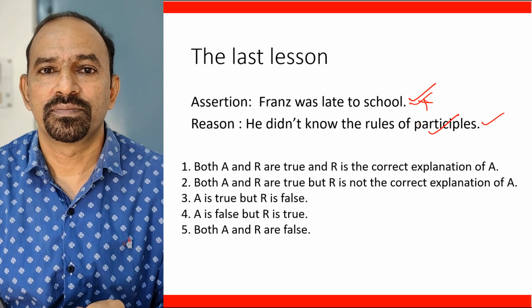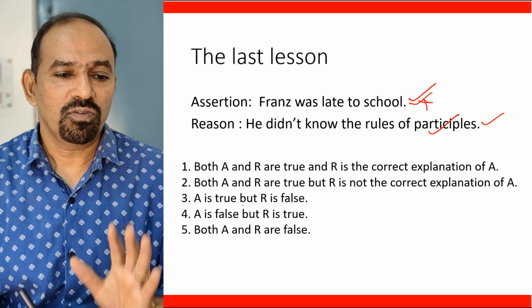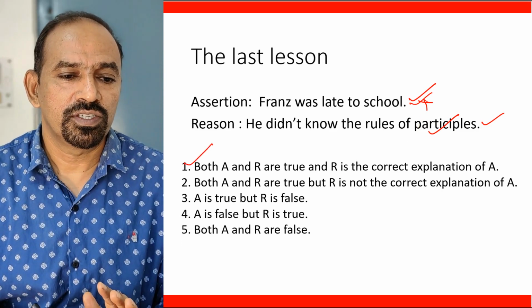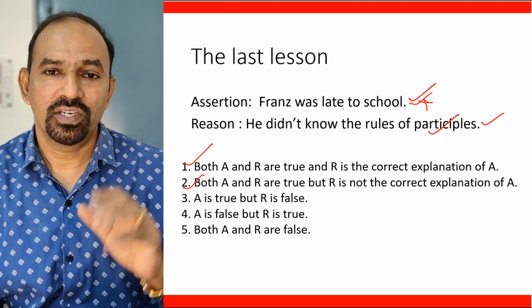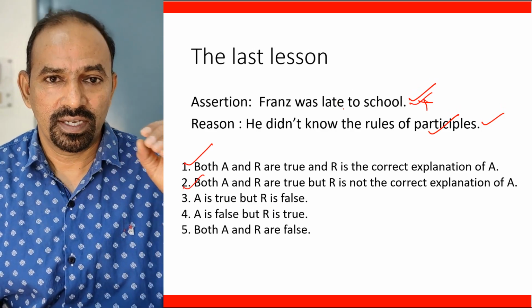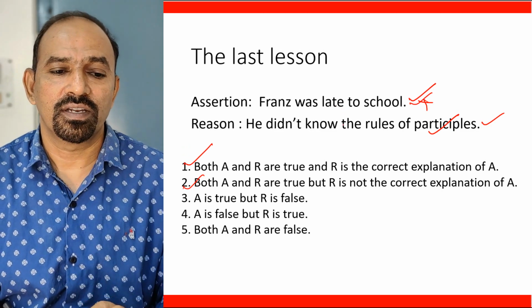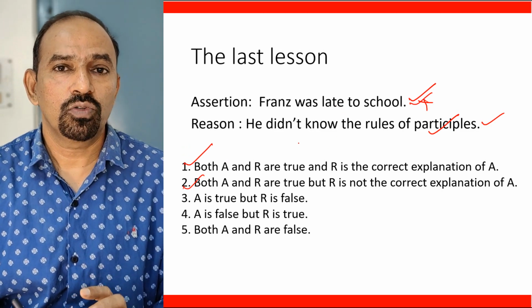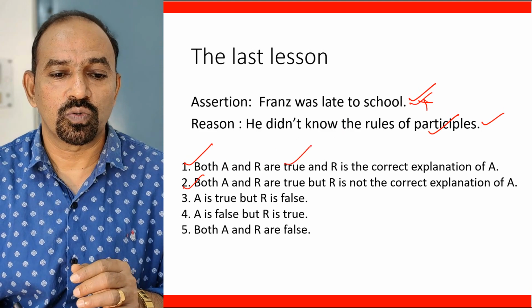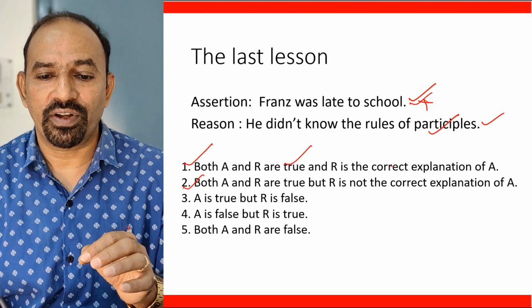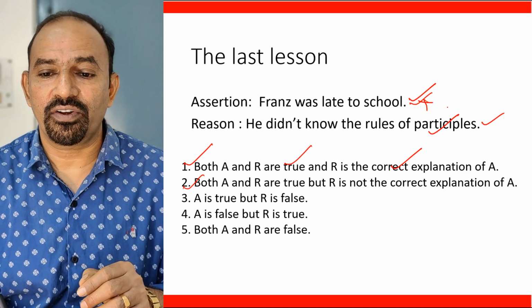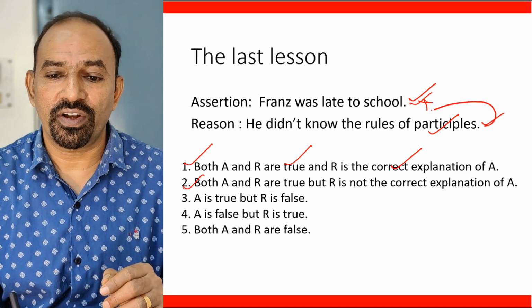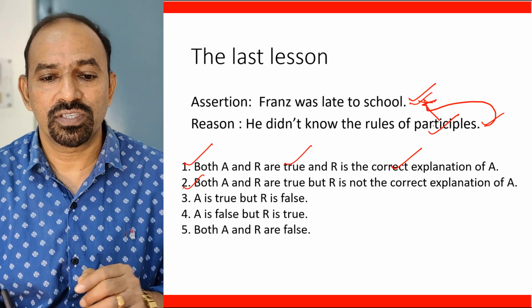No. So, out of these 5 options, which one can we choose? That is the simple way to differentiate between assertion and reason. Look at the first one. Both assertion and reason are true. R is the correct explanation of A. Is this reason the correct explanation of this assertion?